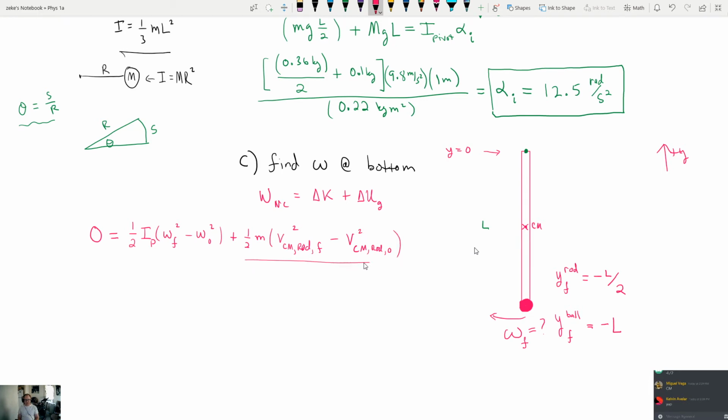There's going to be a lot of subscripts here. I'm going to end up erasing this. So you do not need to do it this way though, because in this system it's pure rotation, so we don't need to worry about this stuff, okay? So I'll just write pure rotation, so we can neglect all of this stuff right here. Does that make sense?